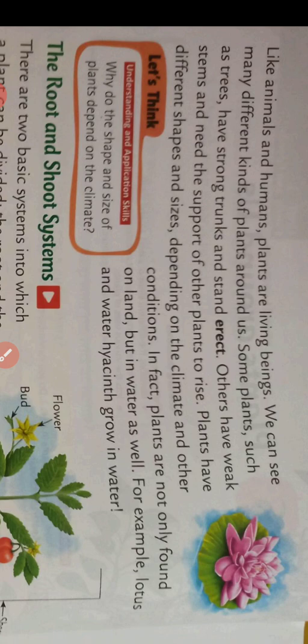Others have weak stems and need the support of other plants to rise. Plants have different shapes and sizes depending on the climate and other conditions. In fact, plants are not only found on land but in water as well.